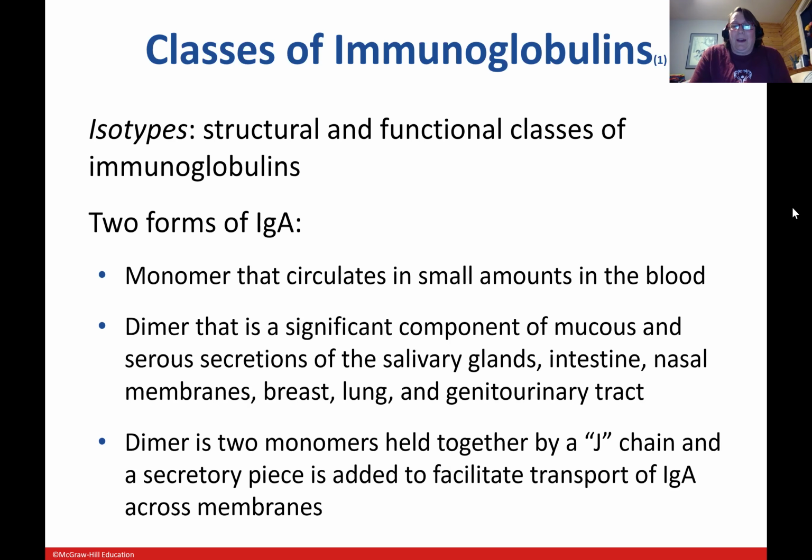And there's a piece that gets added that facilitates the transport of that IgA across membranes, because remember, IgA is a normal component of a lot of mucous membranes, and particularly ones that have a large moisture component, like for example in the mouth you have saliva, and on the eye you have tears that coat the eye as well.